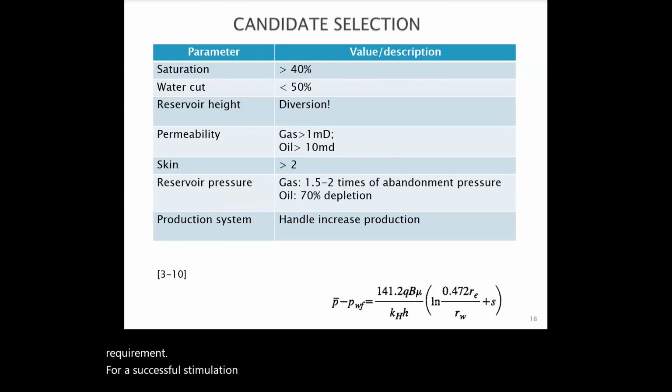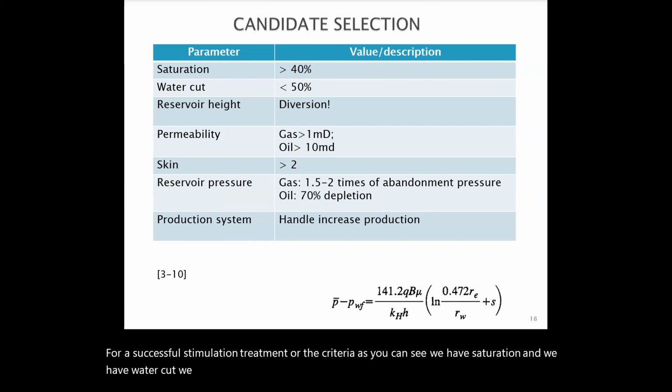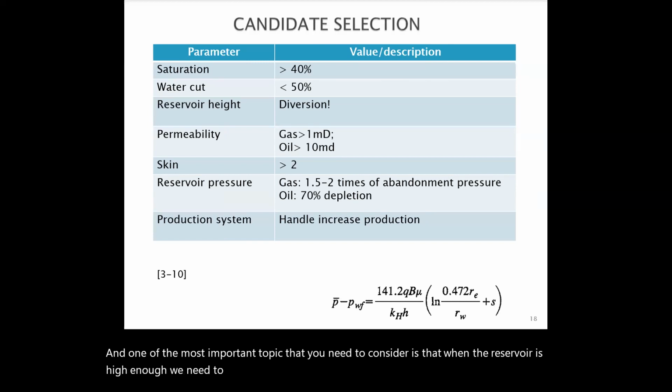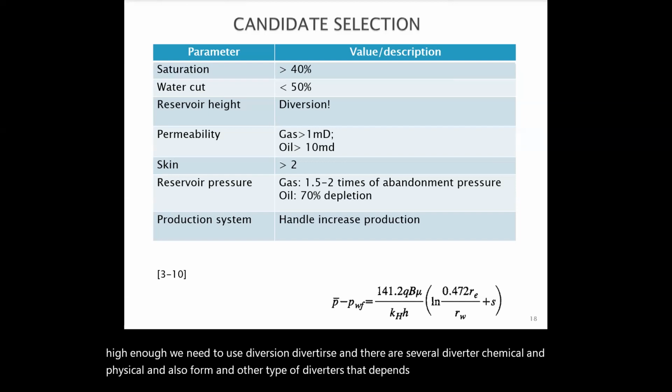The criteria include saturation, water cut, and reservoir height. One of the most important topics to consider is that when the reservoir is high enough, you need to use diverters. There are several diverters, chemical and physical, and also foam and other types of diverters, depending on the fluid and the formation characteristics.